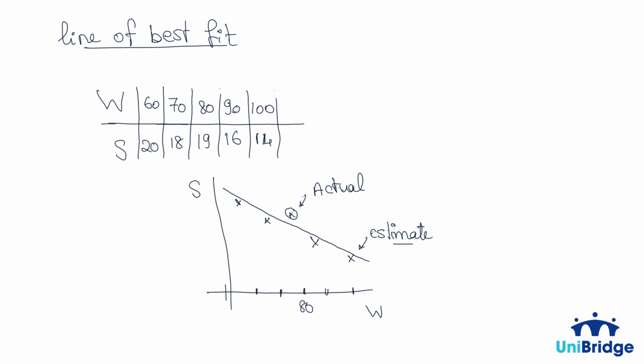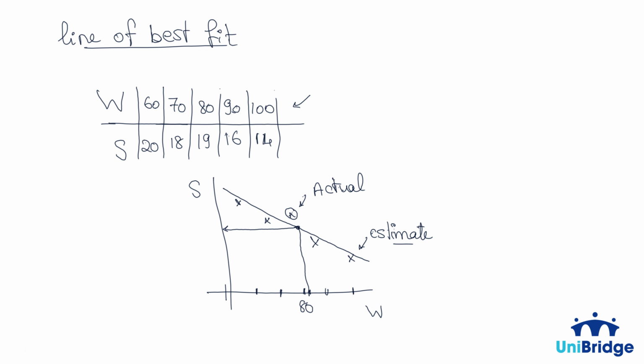And the benefit of this line is it represents a continuous range. So let's say in the table you don't have someone who weighs 82 kilograms. So how do you know his speed? Well, simply you go here to 82 and you go up. You will not find an actual point, but if you project here, it will hit the line of best fit, which we said is going to give you an estimate.